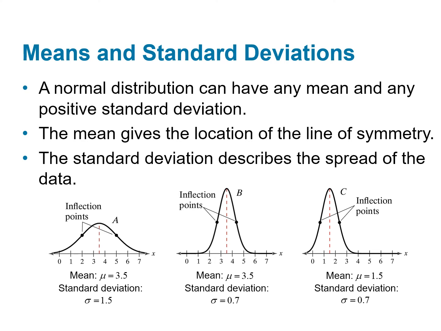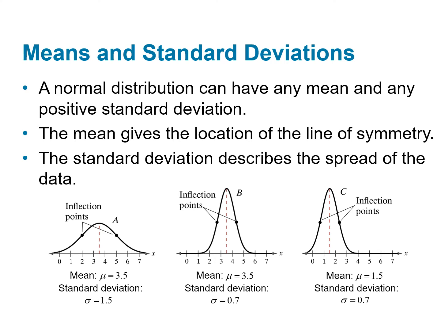Okay, so let's look at these examples, A, B, and C. Notice A has a much higher standard deviation, and you can see how it's more spread out, more flattened out. Then notice the difference in the means. A and B both have the same mean, but they have different standard deviations.